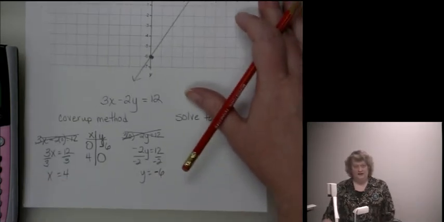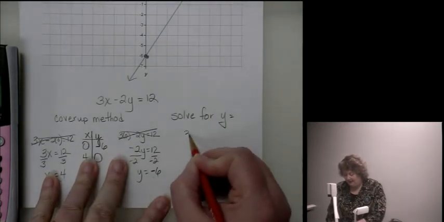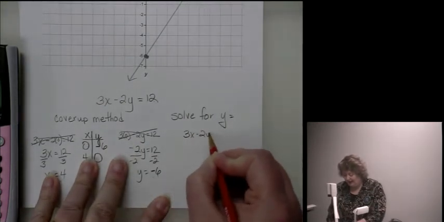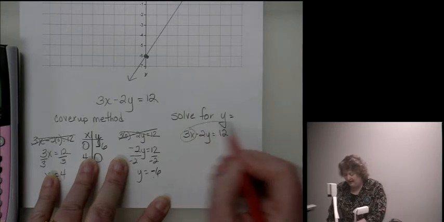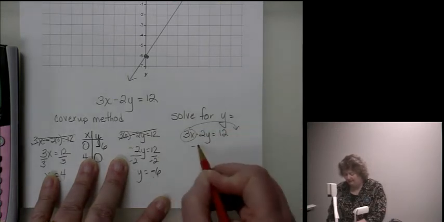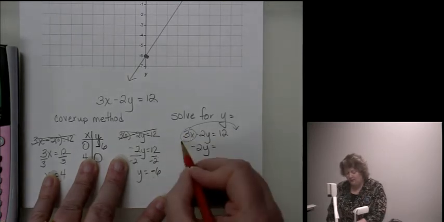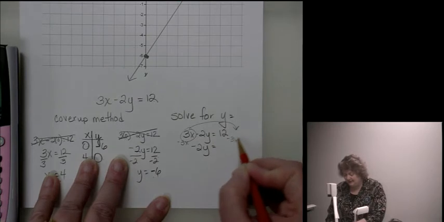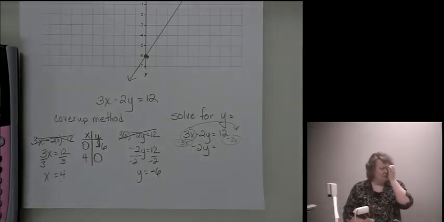Now, the other way is to solve this for y. To solve 3x minus 2y equals 12 for y, we're going to move 3x to the other side of the equation. When we move it across the equation, we're really subtracting 3x from both sides. Now this we're not going to show, we're just thinking that that's what we're doing.